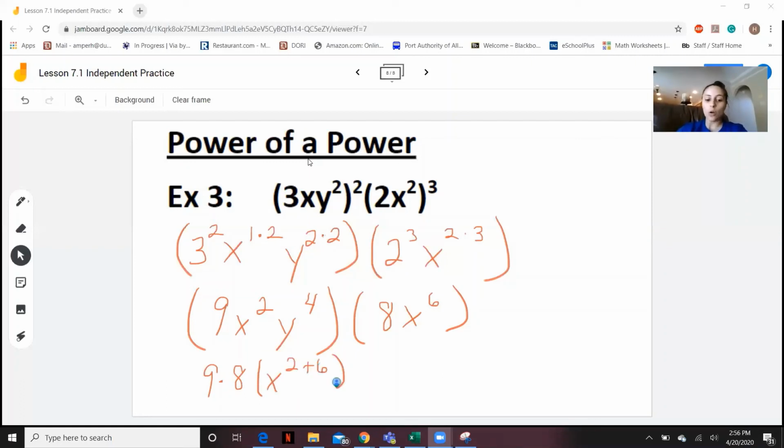And then there's no like exponent for the y. So then we just tack that on to the end of our multiplication. So our answer will be, and you can use a calculator to figure this out, 9 times 8, 72. X to the 2 plus 6 is going to be x to the 8, y to the 4. And that is your final answer.